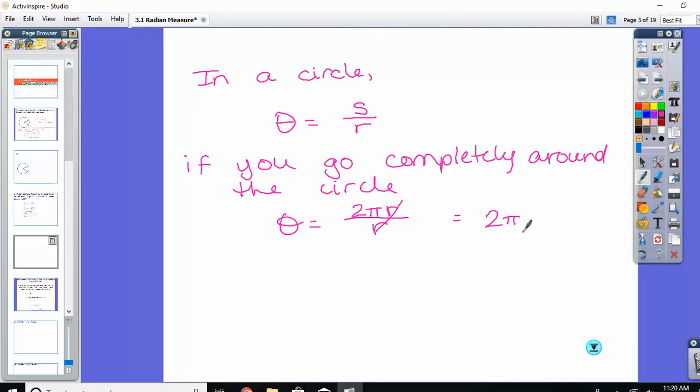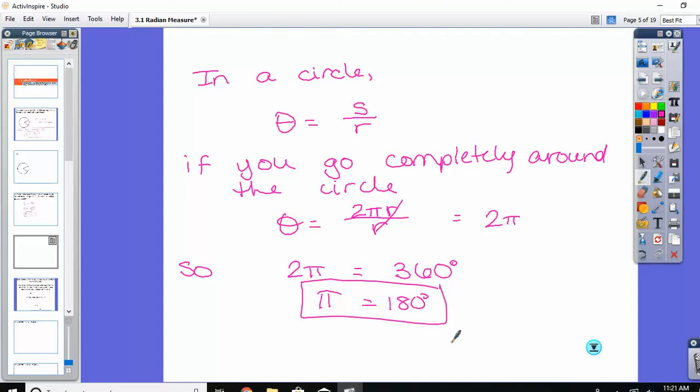In radians, all the way around the circle is 2 pi. So what that means is 2 pi is equal to 360 degrees. If you divide by 2, that means pi is equal to 180 degrees. So that is what we will use to convert between degrees and radians. Okay. Our pi is equal to 180 degrees.